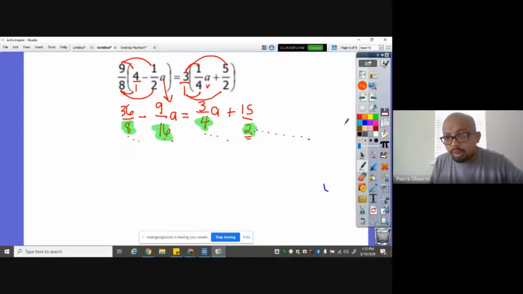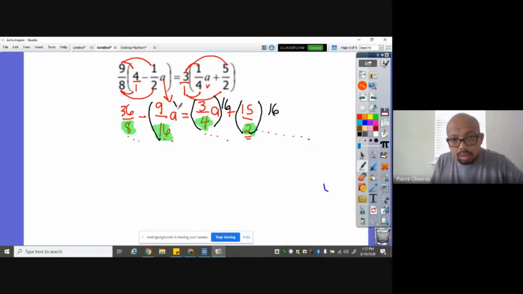So I am going to multiply them all by 16, all of them by 16, 16, and 16. Now, there are multiple ways of doing this one, okay? Especially if you have a calculator, it may be easier. But if you don't have a calculator, some kids might multiply 16 times 36.